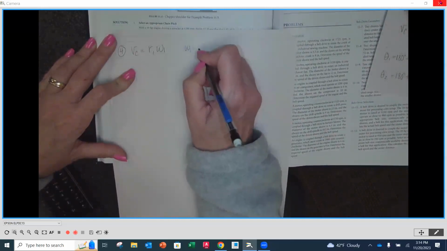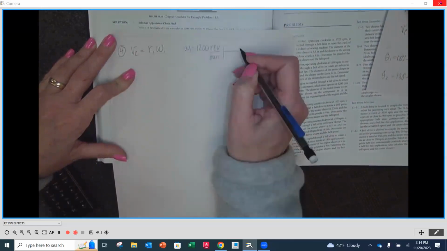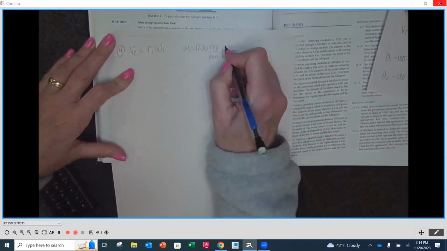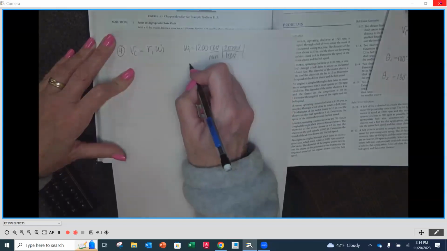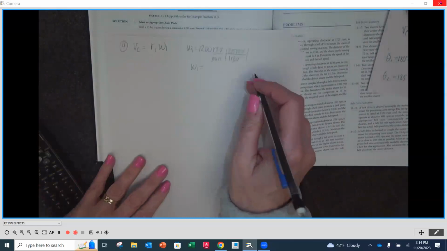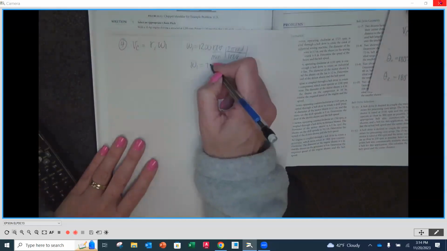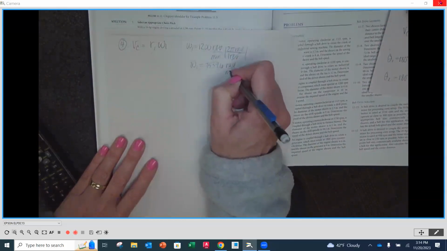So we know W1 is equal to 1200 revolutions per minute. 1 revolution is equal to 2 pi radians. Cancel that out. Our W1 should come out to be 7,539.6 radians per minute. We're keeping it in per minute because we're going to be converting this to feet per minute, so it's one less level that we have to do.